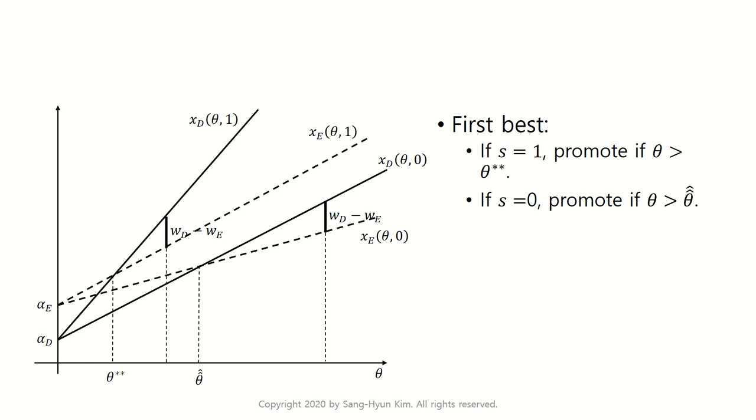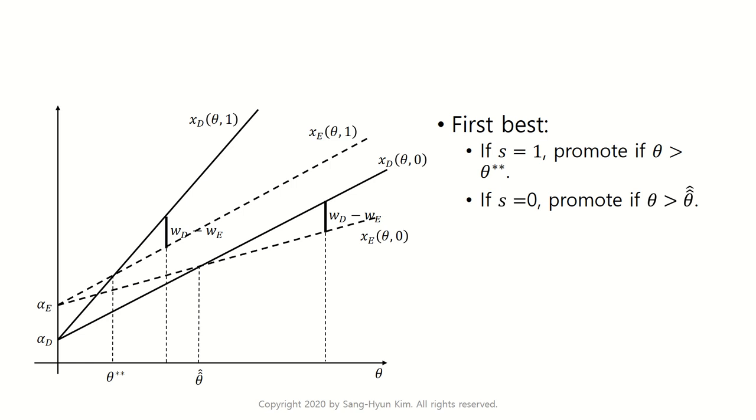So then you may want to just give a difficult job to the worker because this worker is talented enough to generate greater surplus in the difficult task than in the easy task, right? And if S is 0, then you want to promote the worker if theta is greater than theta double hat.